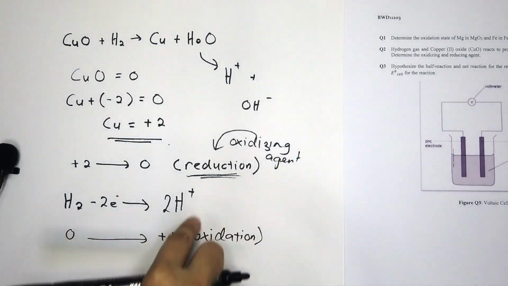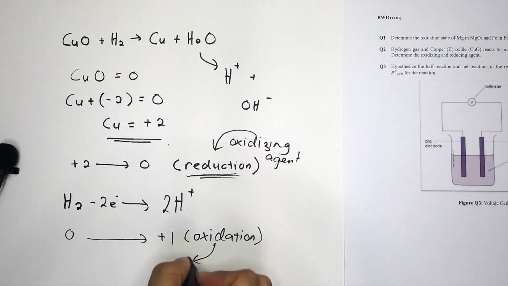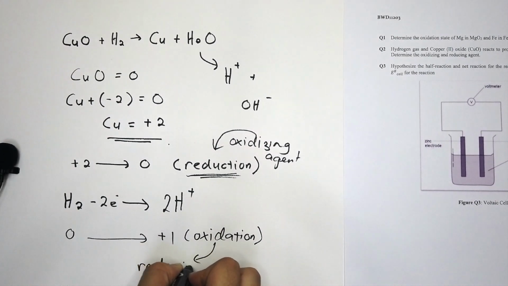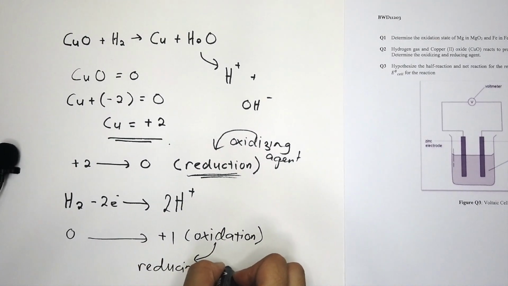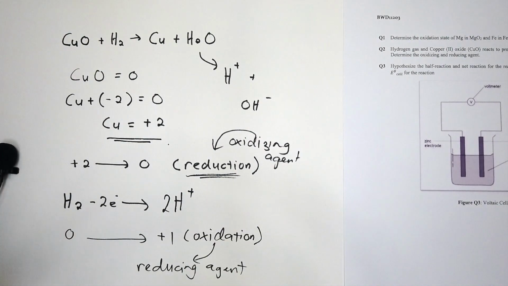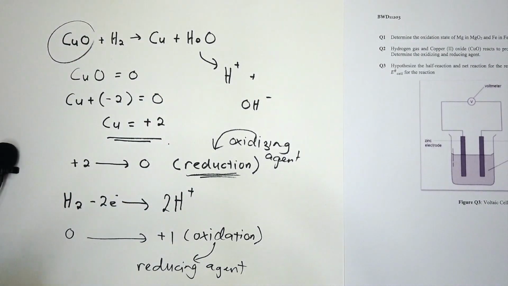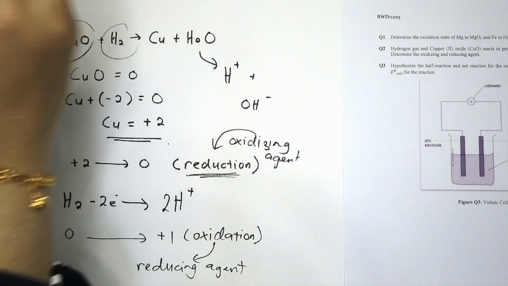While if it undergoes oxidation, this is the reducing agent. Right, so this is the final answer for this question. It means that the oxidizing agent is actually CuO and the reducing agent is H2.